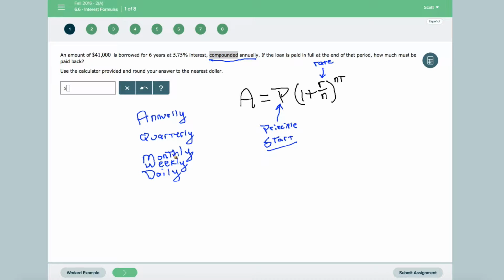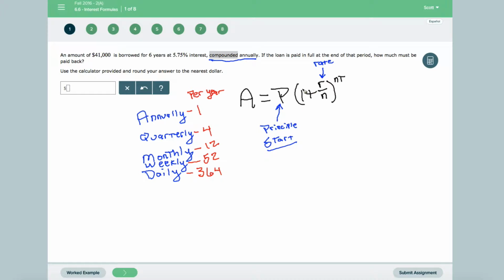Now each one of these means a number of times per year. So annually is once per year, quarterly is 4 times per year, monthly is 12 times per year, weekly is 52 times per year, and daily is usually 364 times per year.